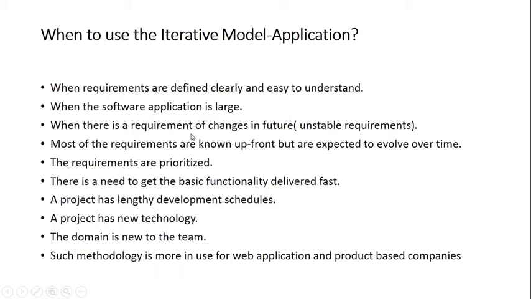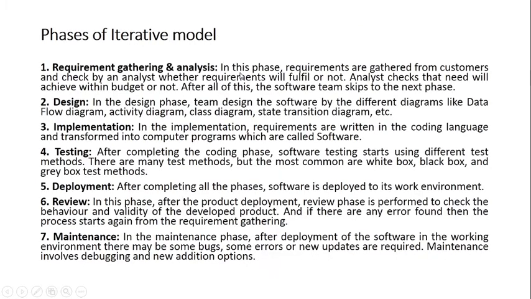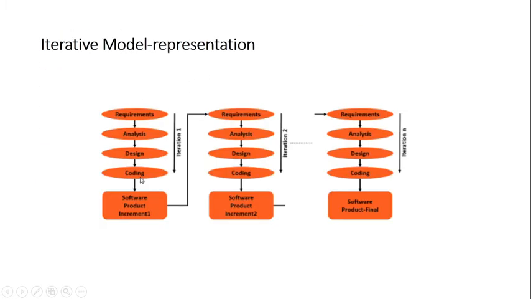Now the basic criterion for using this iterative model is when the requirements are unstable. Unstable means it keeps on changing and there is a possibility that it will change in future also. So we use the iterative approach. Say you started with the first iteration having a few requirements in hand, and by the time you developed it, the requirement got changed, the customer himself made a change, a market trend has changed, or any process or technology has changed.